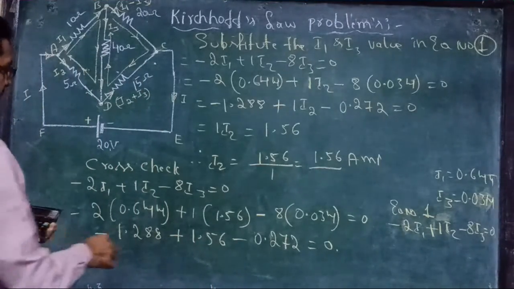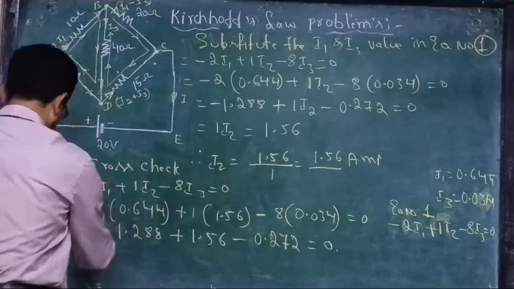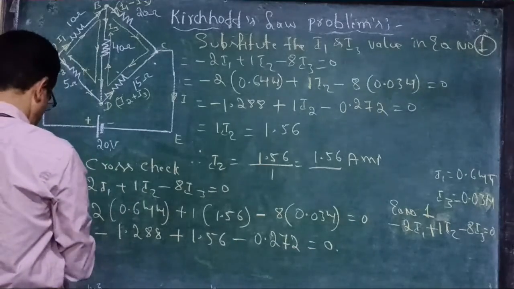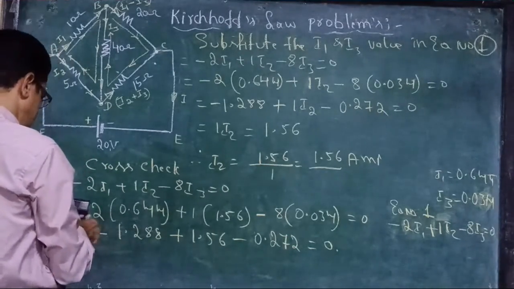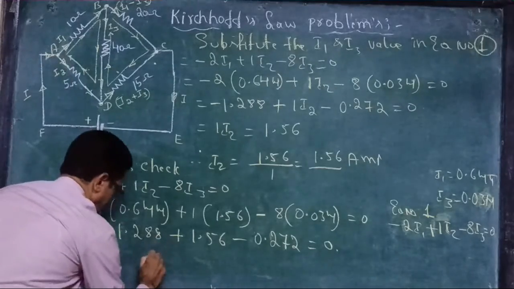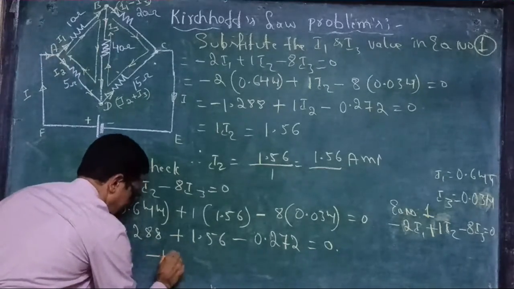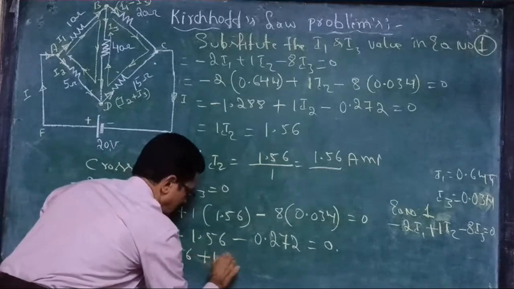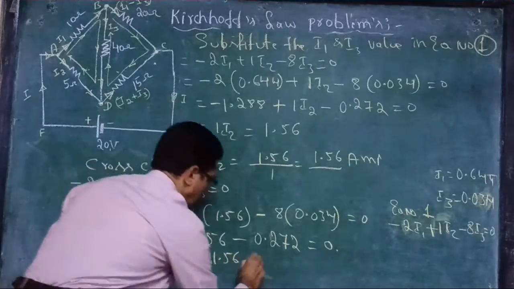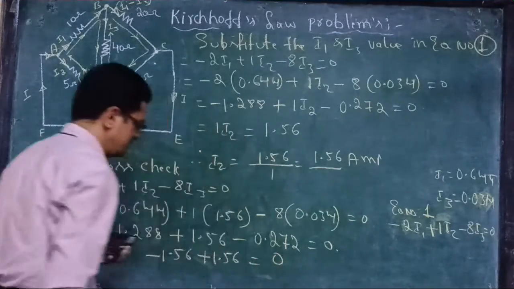So 0.272 plus 1.288 is equal to minus 1.56. So this value will be plus 1.56, is equal to 0.